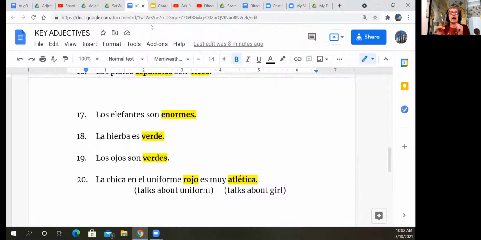Es una copa de vidrio. It's made out of glass. Out of glass is not an adjective. So it's de vidrio. I talk about the material it's made out of. Es de vidrio. Es mi copa favorita.